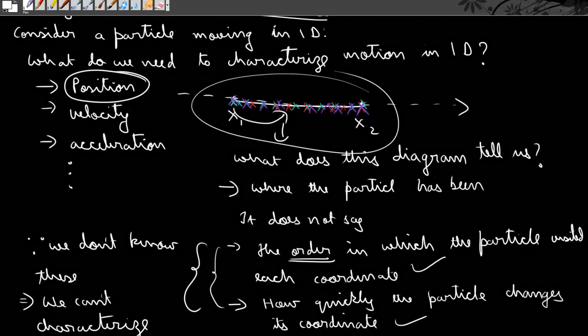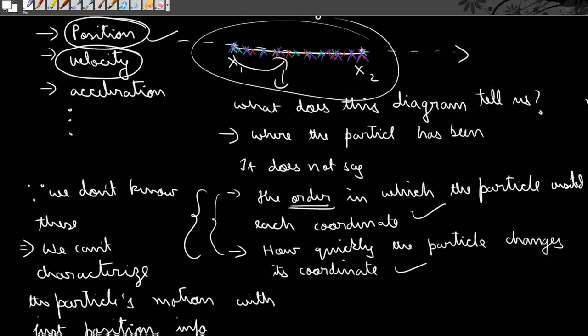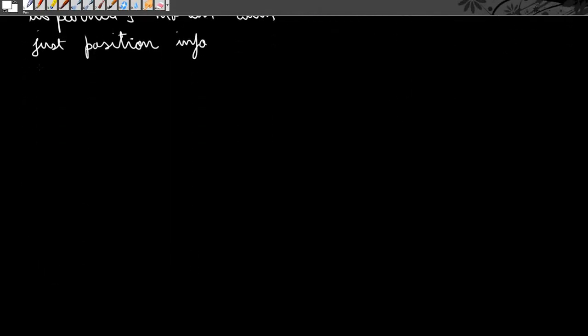Just knowing the position is not enough to characterize the motion of a particle. So let's consider now just velocity. What will happen if we just know the velocity information?